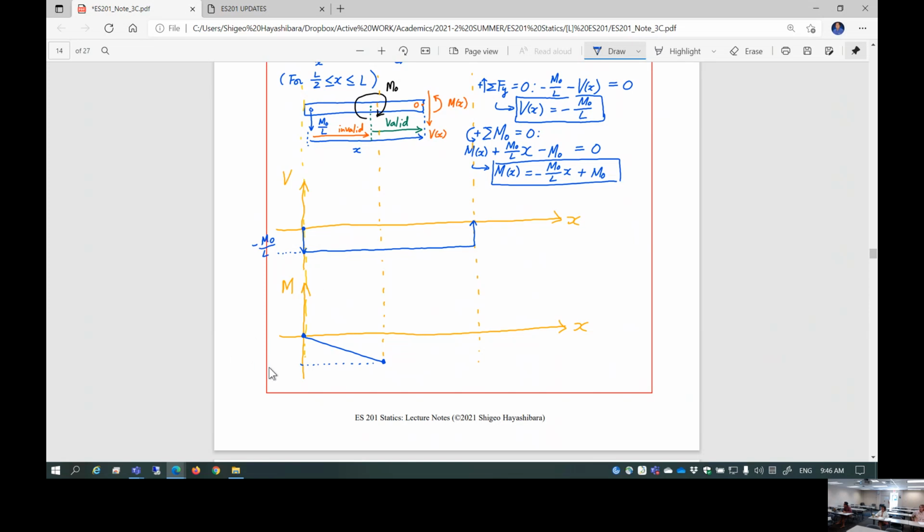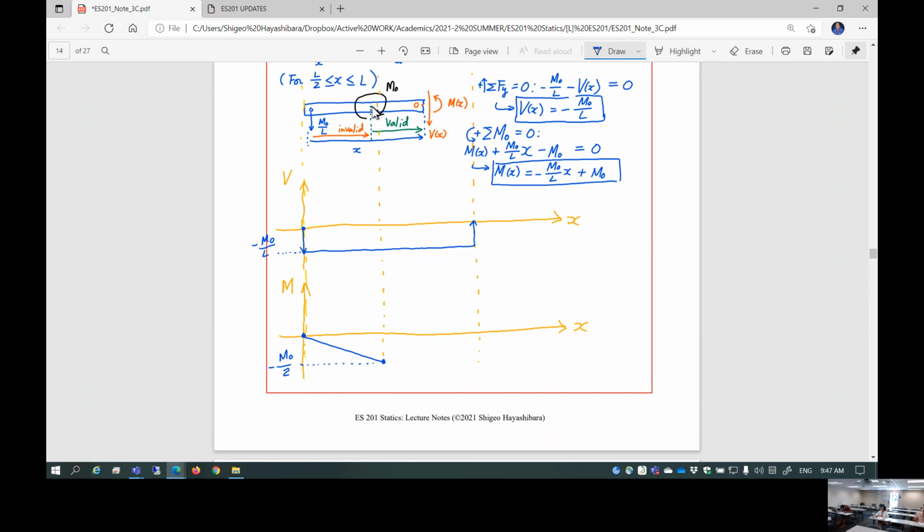So what's this value? Yeah, negative M0 over 2. That's right. Looks like this is the peak value of the moment. But what happens right here is you're going to apply external moment.